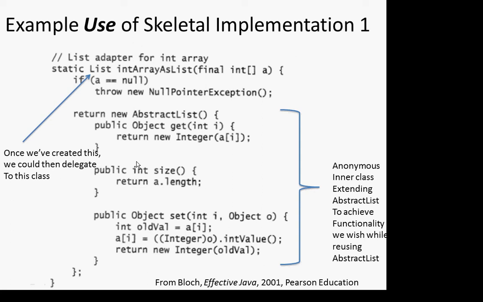So we're creating an anonymous class, and what are these methods here, like object get, int size, object set? Why are there suddenly methods inside our code? After all, we have some code. This is inside a method called intArrayAsList.